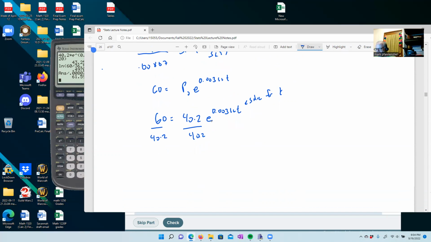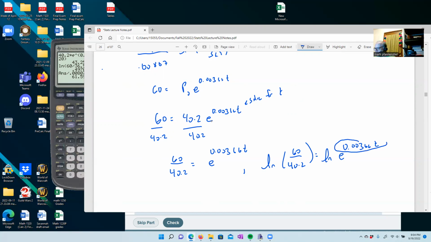So we have 60 over 40.2 is equal to e to the 0.00366t. We're just going to solve for t. So we need the natural log of both sides. The natural log of 60 over 40.2 is equal to the natural log of e to the 0.00366t.